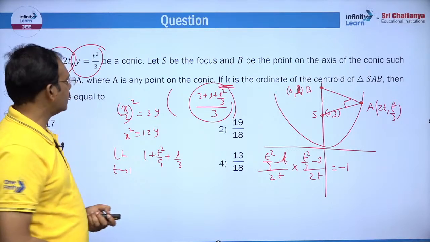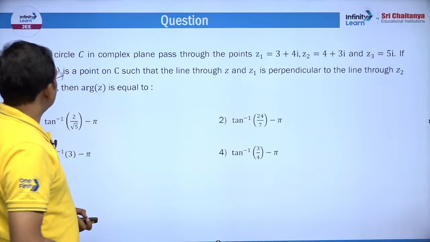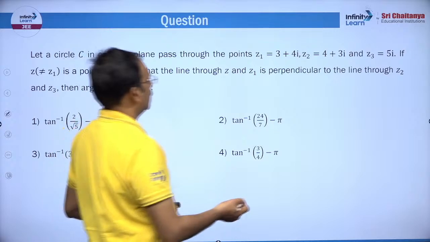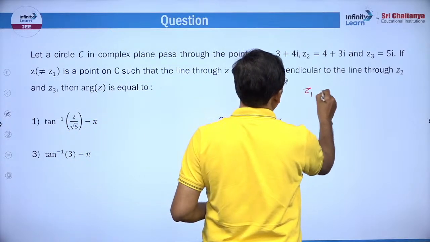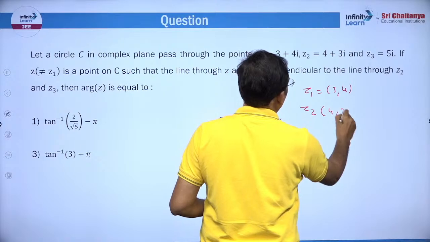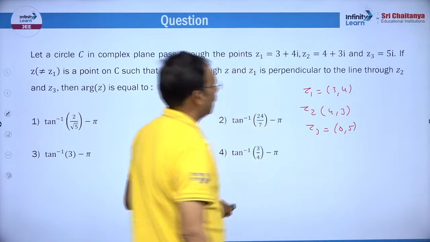Okay. Next, friends, you see this question. A circle C in the complex plane passes through the points Z1 is (3, 4), Z2 is (4, 3), Z3 is (0, 5).